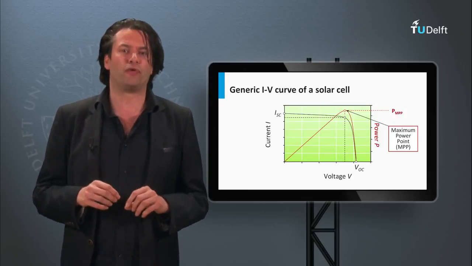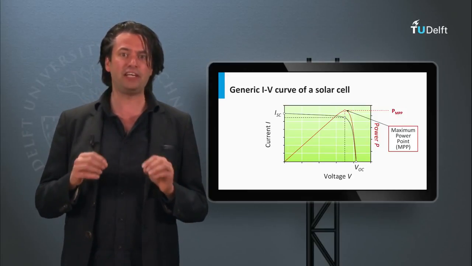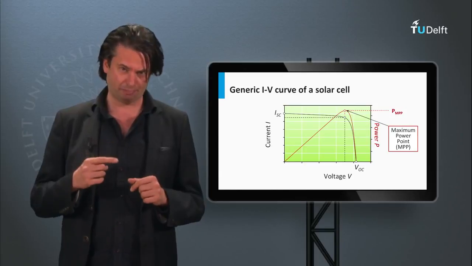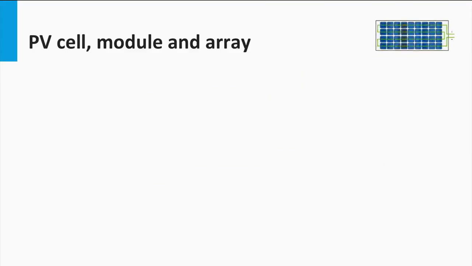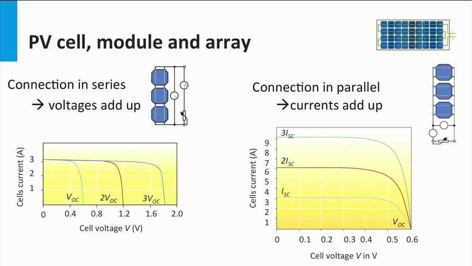For reasons discussed before, the solar cell has an IV curve as shown in the figure. As a quick recap, you might remember how the IV curve of a PV module is similar to that of a single solar cell, as the PV module is merely an interconnection of several solar cells. A series or parallel interconnection of cells increases the voltage or current respectively, but the overall nature of the IV curve remains the same.